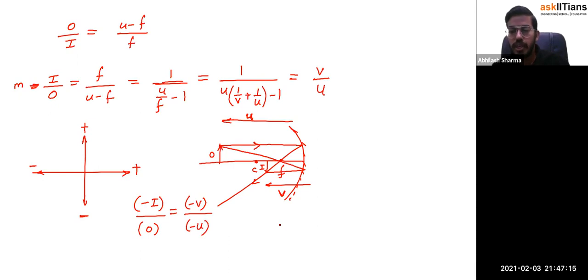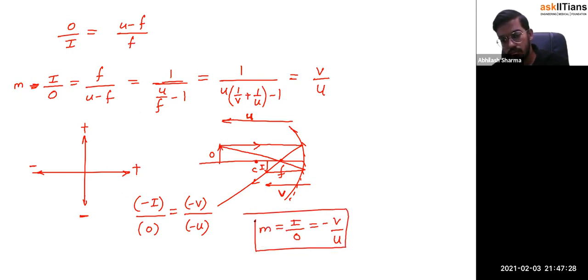And from here, what we realize is that I by O, the magnification, is actually negative v by u. And that's our magnification. So that's how we derive the magnification formula.